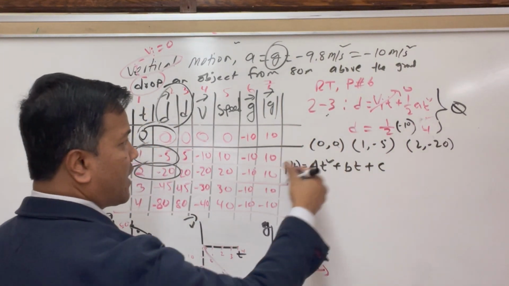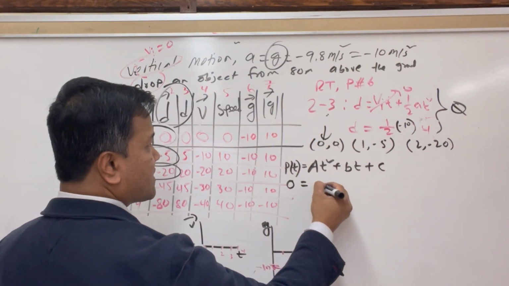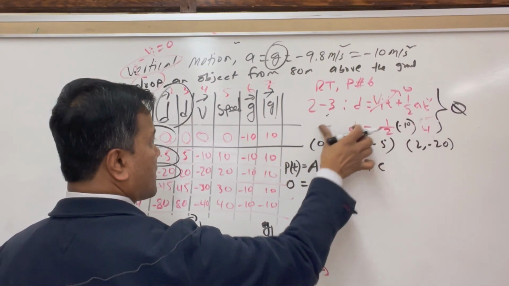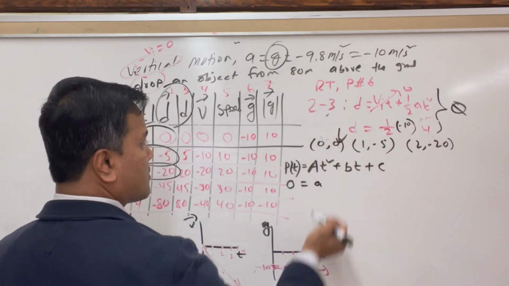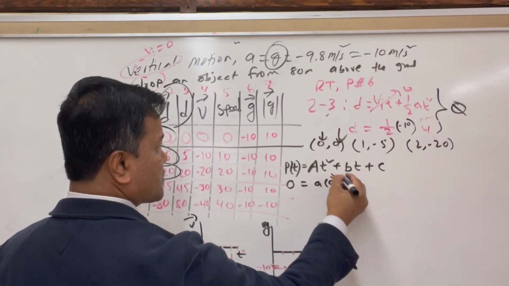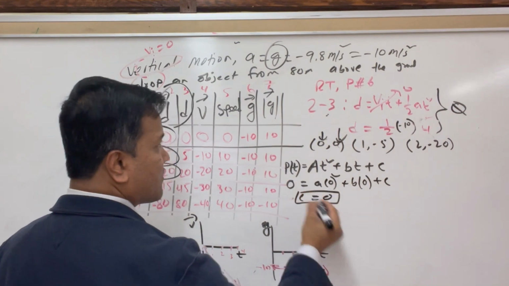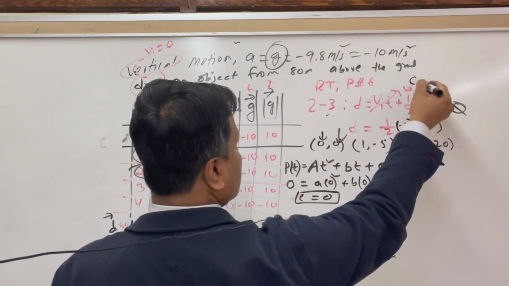So at the first point, t is 0 and y is 0, so 0 squared plus b times 0 plus c, so c is equal to 0. Good, we got the first point.